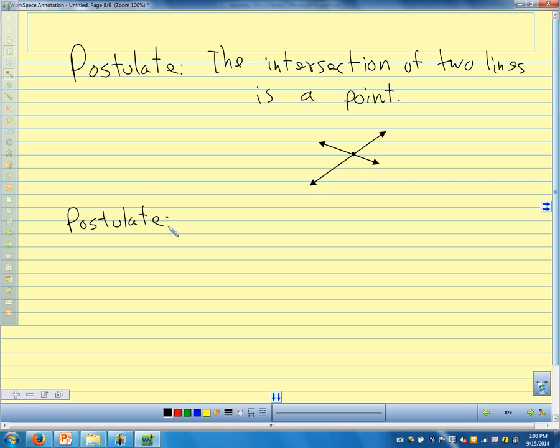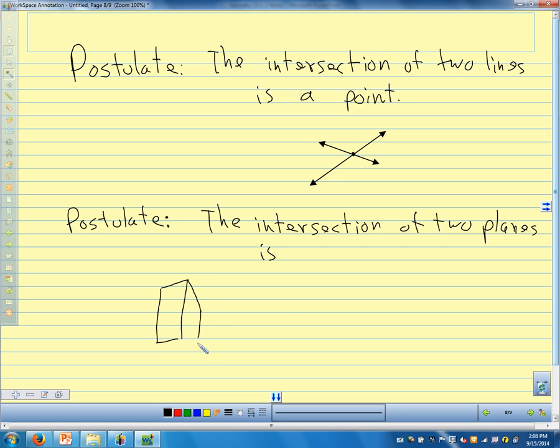Our second postulate, second thing we're going to accept as true without proof. The intersection of two planes is, so let me draw two planes here, and these continue infinitely in all directions.